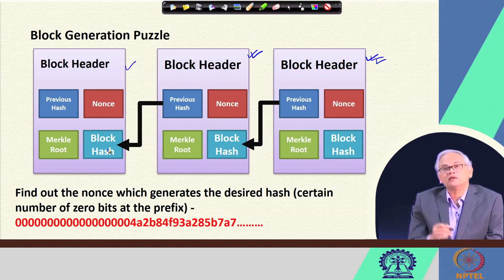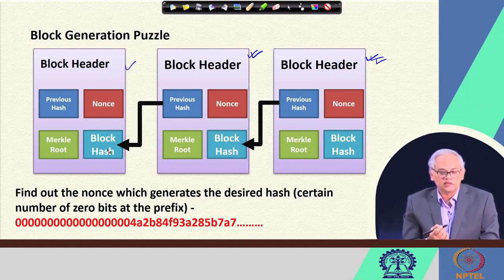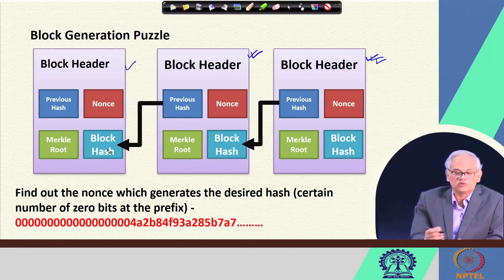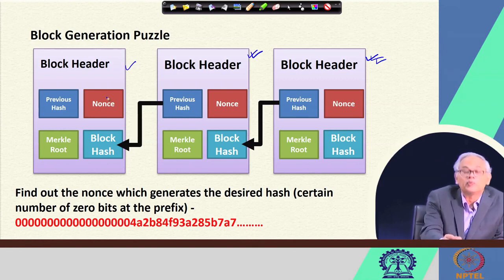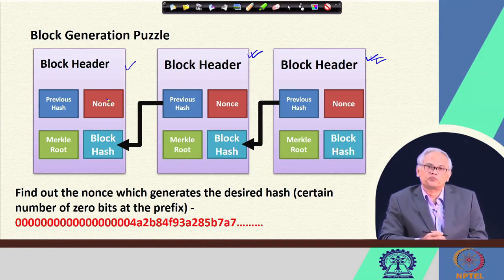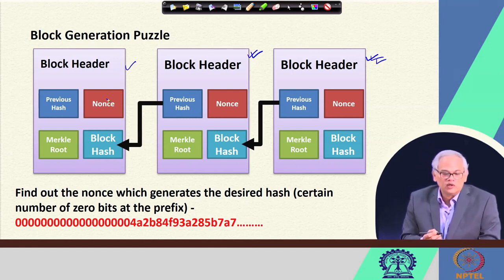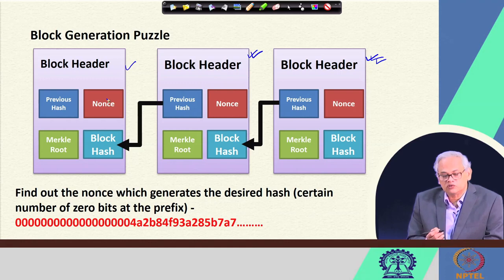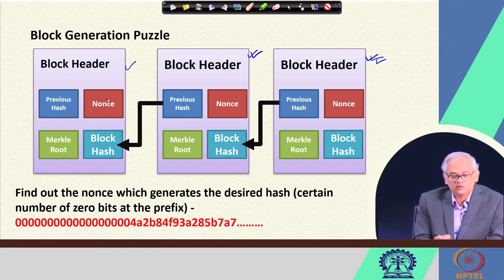And then the block generation puzzle is that we have to find our nonce. This nonce, as we said, and as we have seen through some illustration on the website supporting the textbook, is about how to find the nonce which would generate the desired hash. That means it will contain a certain number of leading zeros at the prefix.